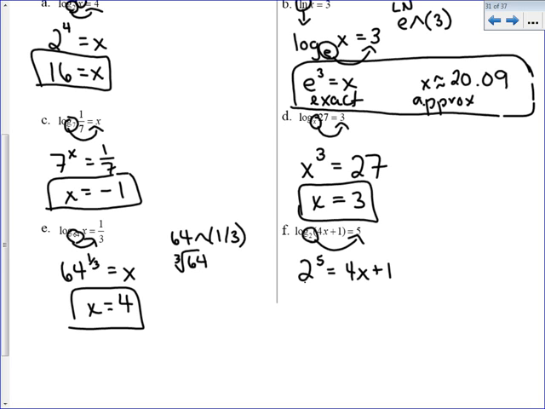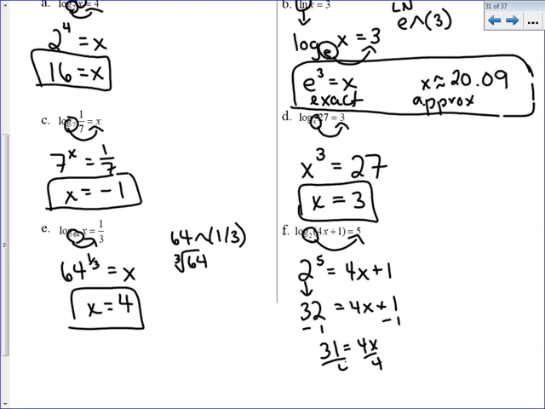So 2 to the 5th is just the number 32. So that would be just something you grab from your calculator. If both the base and the exponent are numbers, evaluate. Equals 4x plus 1. Linear. So subtract 1 from both sides, so we get 31 equals 4x.